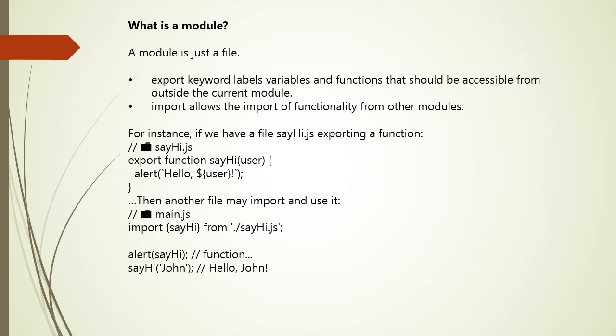It will output Hello, John. The import directive loads the module by the path ./sayHi.js relative to the current file and assigns the exported function sayHi to the corresponding variable.